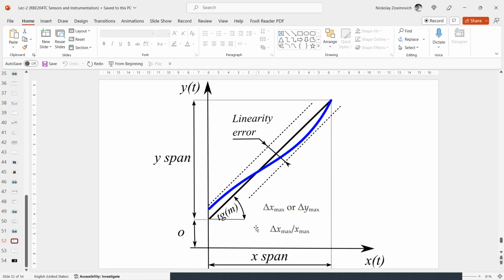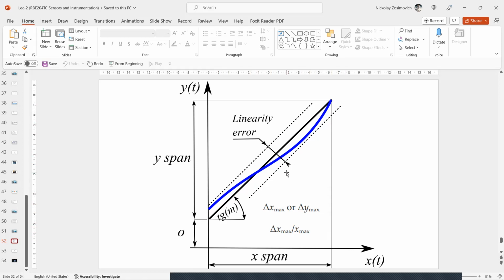The following definitions apply. First of all, terminal nonlinearity, based on the terminal line, a straight line between the 0 to 100% theoretical full-scale points.